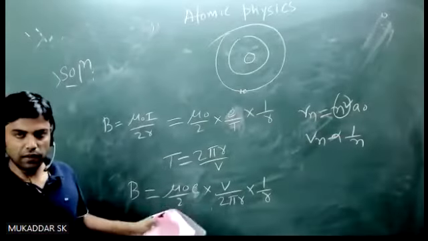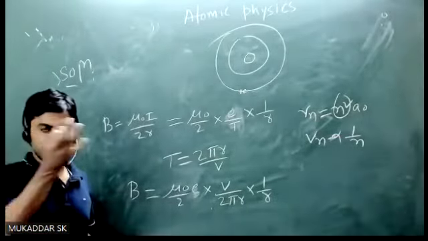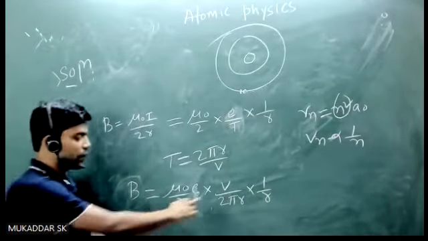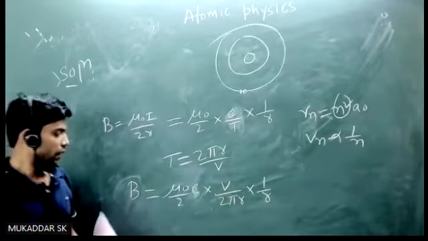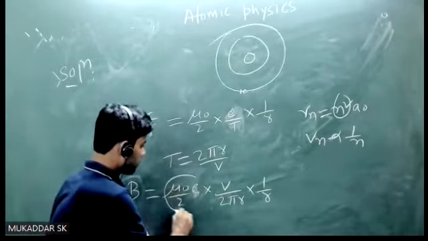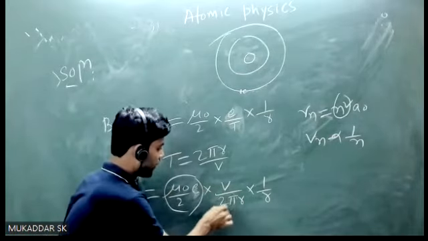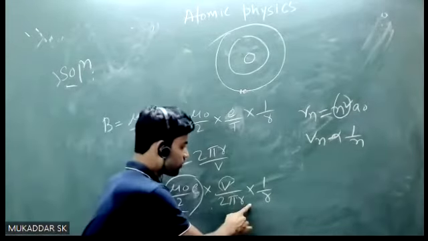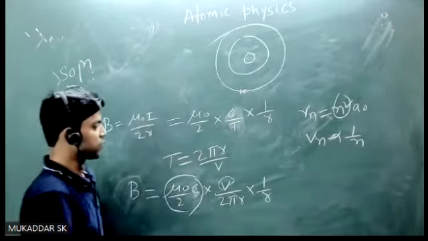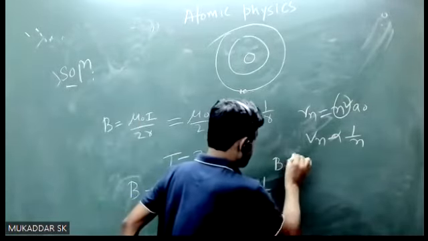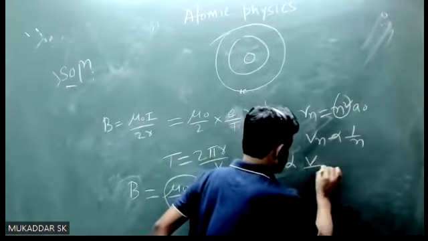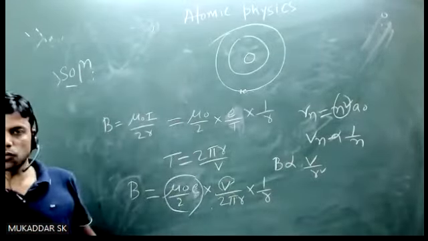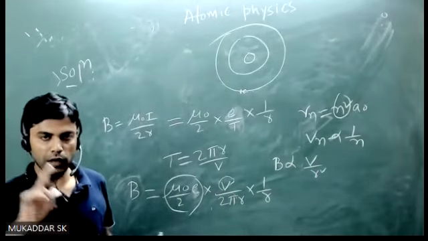So if you remember that speed and radius depend on the principal quantum number, definitely the magnetic field will depend on the principal quantum number. Here mu naught, e, and 2 pi are constant, but v is varying with the principal quantum number, and r is also varying with it. So B is proportional to v by r square, and v is inversely proportional to n, r is proportional to n square.